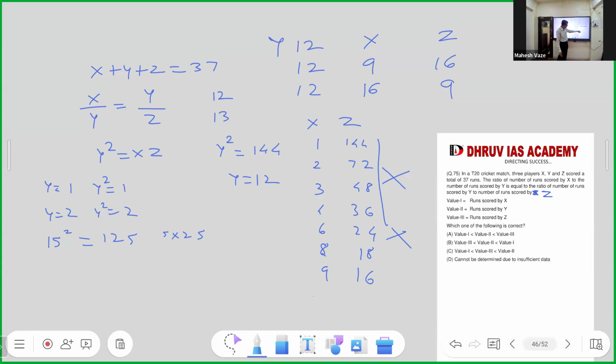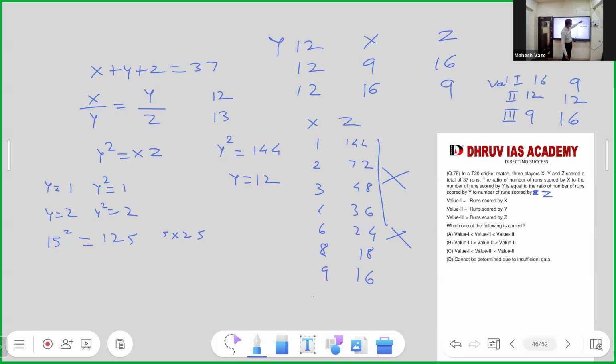So now see here, this is value 1. If you see this, value 1 is this, so I will just write it here. Value 1, 16, value 2, 12, value 3, 9, or it can be 9, 12 and 16. So as per this, value 1 less than value 2 less than value 3. But as per this, value 3 less than value 2 less than value 1.